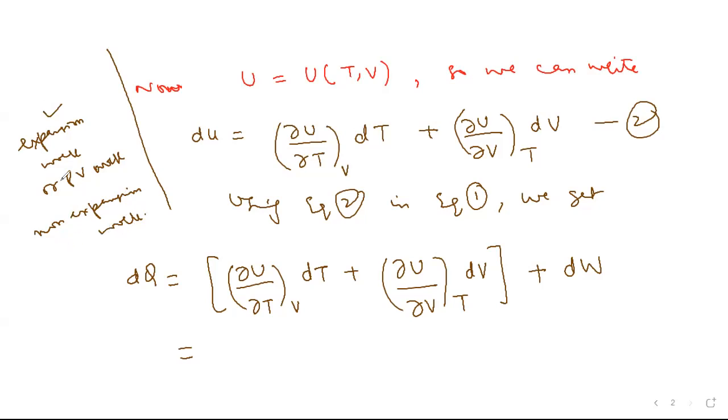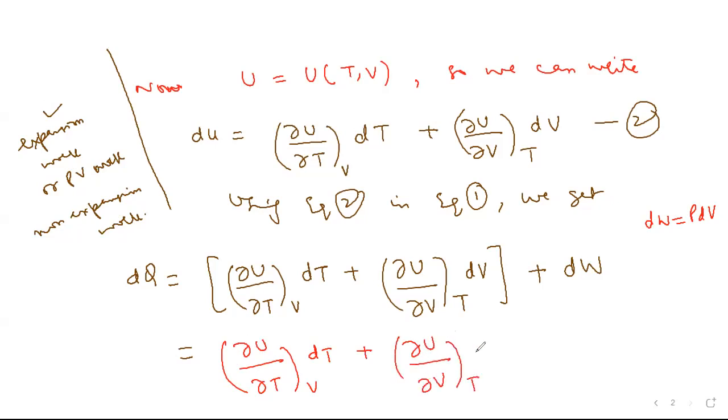Non-expansion work is not possible, only PV work is possible. In that case, this dW is written as PdV. So I can write it therefore dou U by dou T at constant V dT plus dou U by dou V at constant T dV plus PdV, right? Check it.